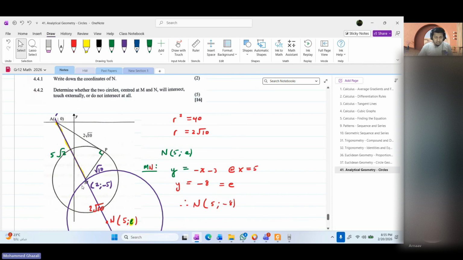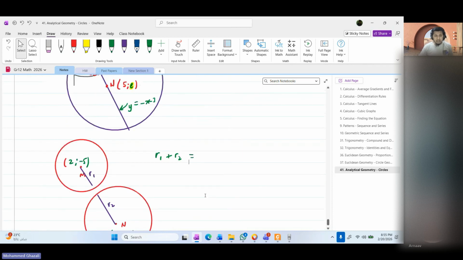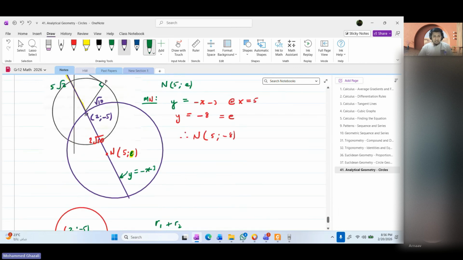Because M to P is a radius 1, so that's a root 10. The square root of 10, and the second radius is 2 root 10, right? So that's going to give me 3 root 10.